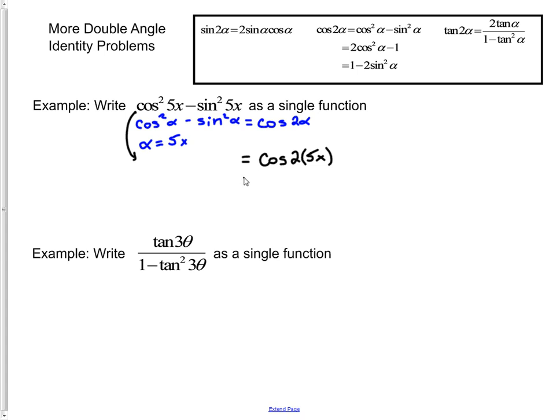It's cosine of the quantity or the angle 2 times 5x. But if we simplify that down a little bit more, that's the same thing as saying the cosine of 10x. So in fact, we've just used our double angle formula as a way of simplifying or rewriting a much more complicated looking trigonometric expression into one that's a little bit easier to manage.